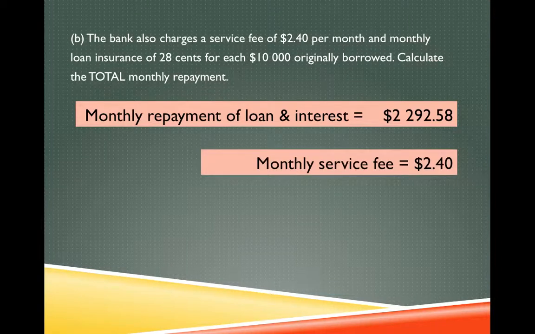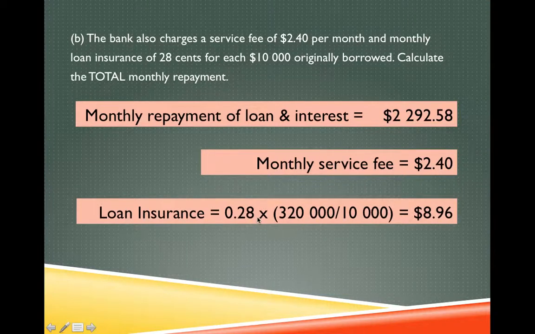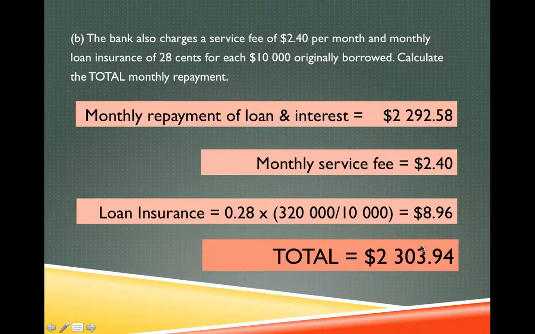We then add the monthly service fee and we add the loan insurance. 28 cents is $0.28 times, we divide the present value by 10,000 because they've said it's for each 10,000 originally borrowed. That gives us $8.96. Add those three together and it gives a total of $2,303.94.